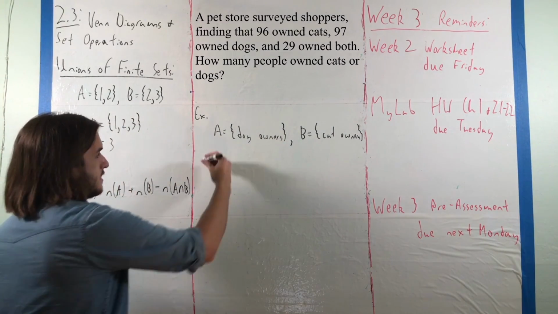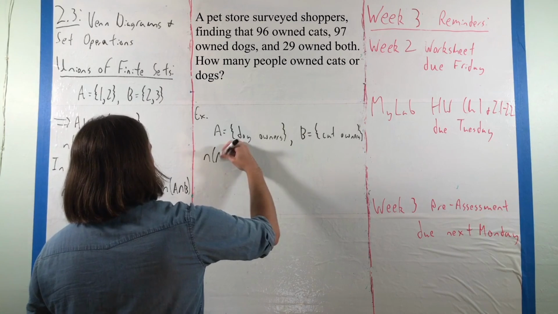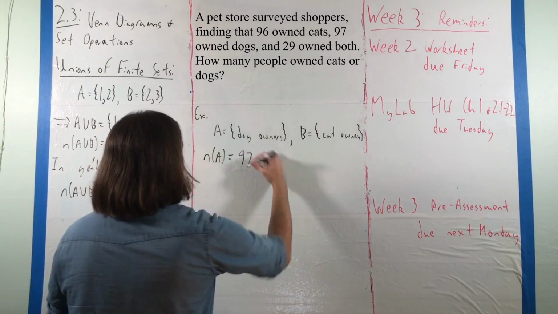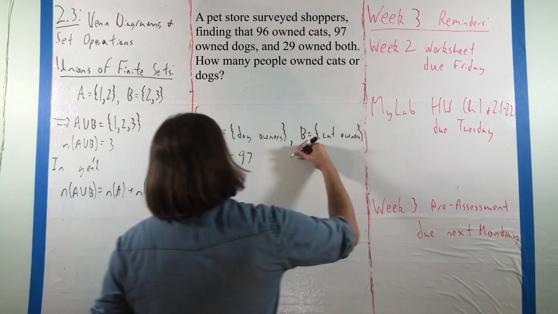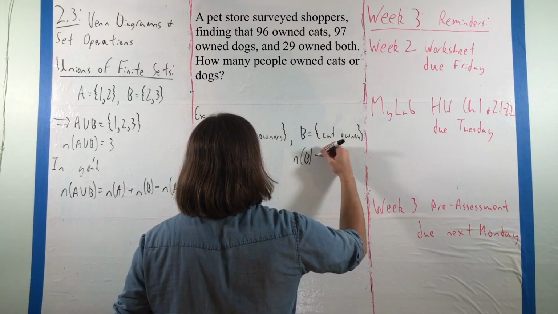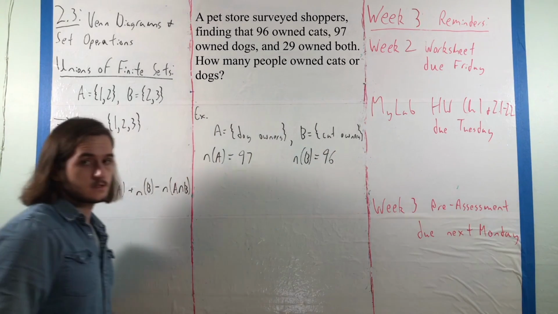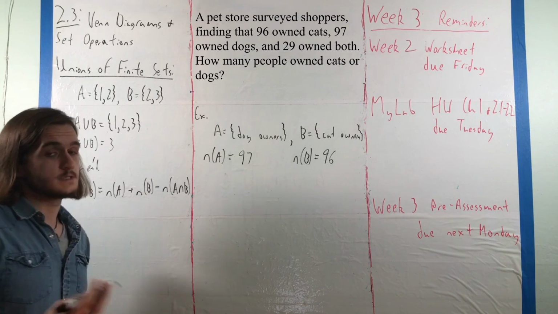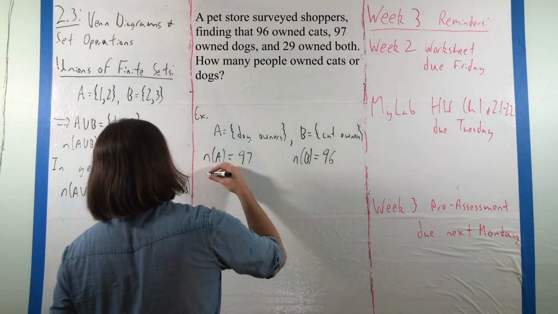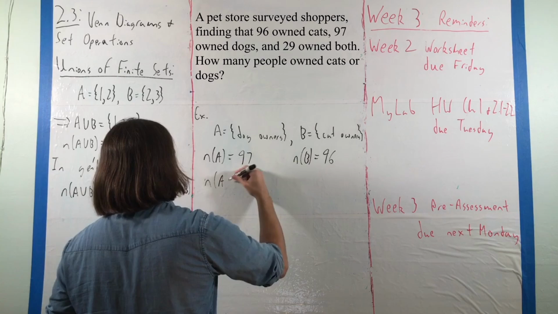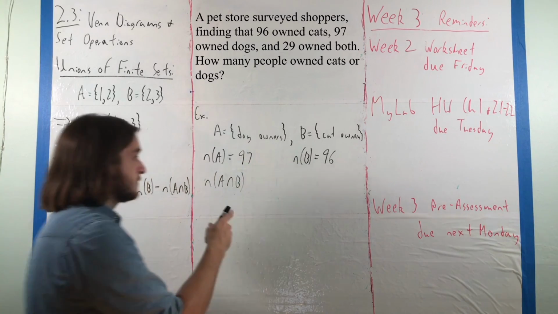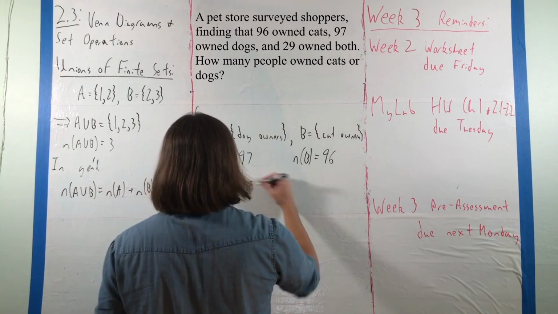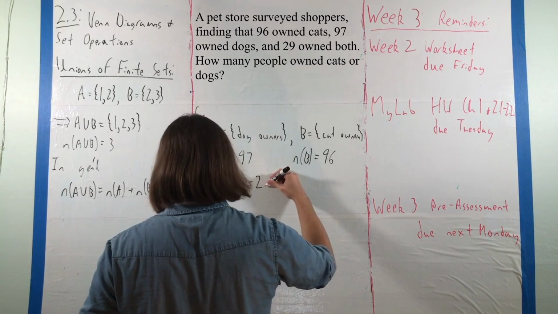So notice that from the given statement, the cardinality of A, the number of people that own dogs from our sample, is 97, while the cardinality of B, the number of people that own cats, is 96. And there's a very important number that's given in here as well, which is the number of people that own cats and dogs, the number of people in the intersection of these 2 groups. That is given to be 29.